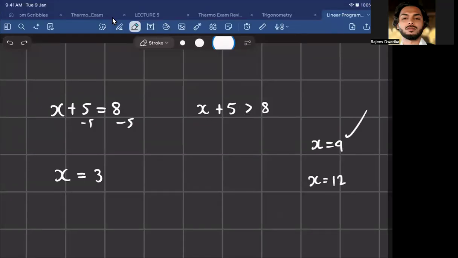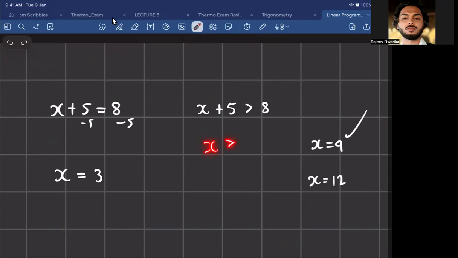Sahara, go even smaller now. What is the smallest value of x that I could put here that would satisfy the inequality? 4. So for me to get a correct value for x, x has to be more than what value?